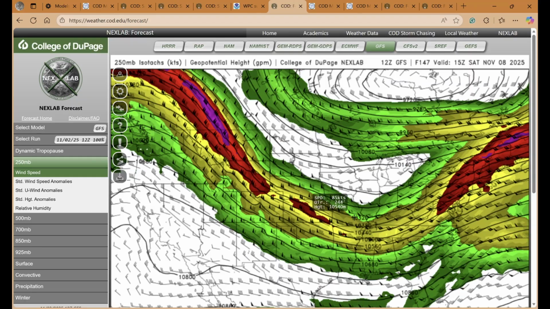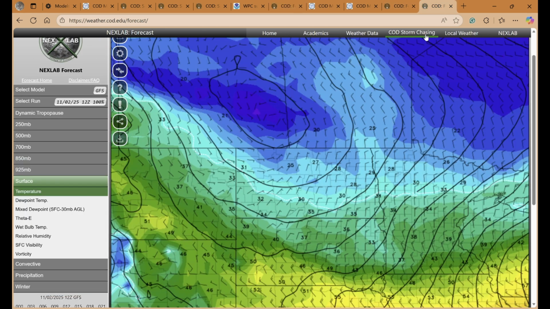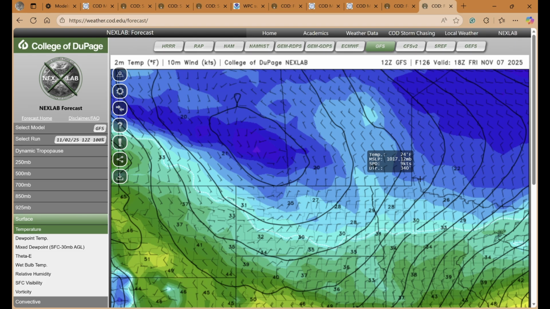Now let's move on to Saturday. Okay, Saturday looks more of the same. Doesn't look like any changes. Maybe if you're generous and you draw your trough axis like this, maybe a little more convergence, so maybe a little bit less clouds. I wouldn't do that, I'm just saying you could say that.